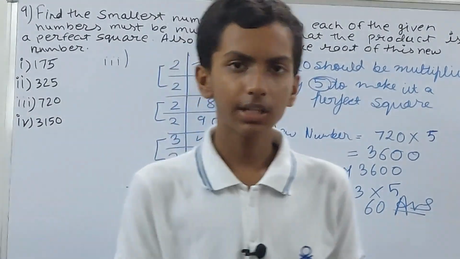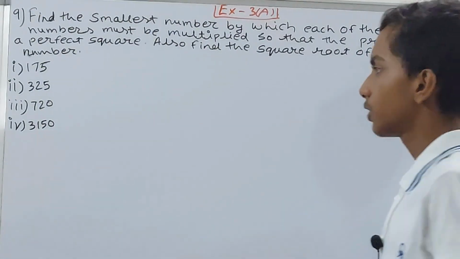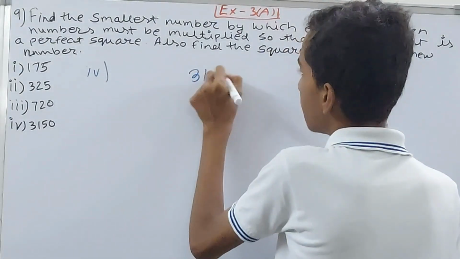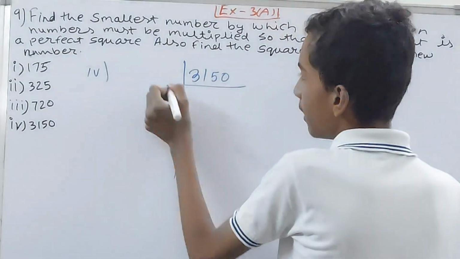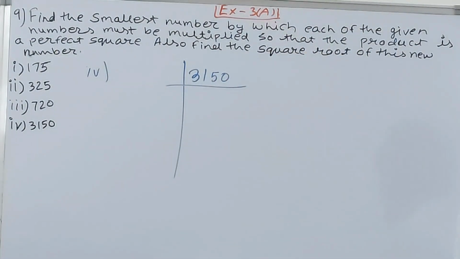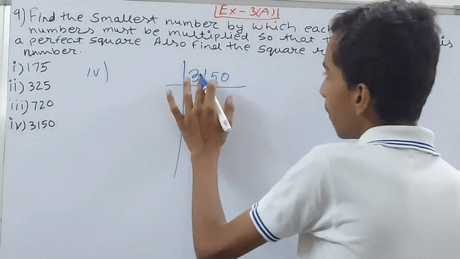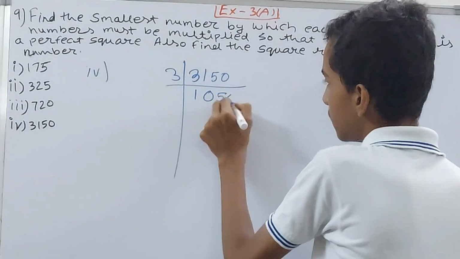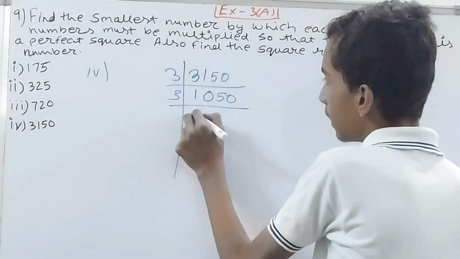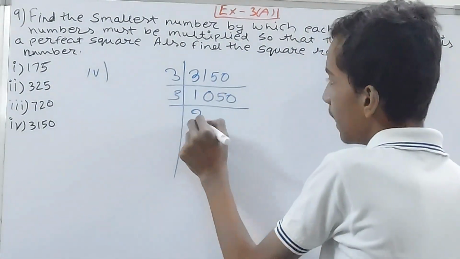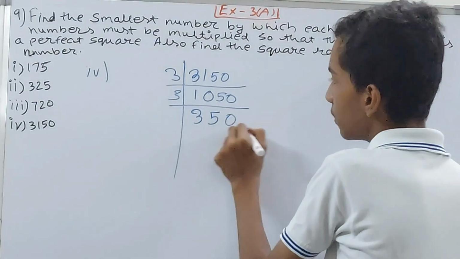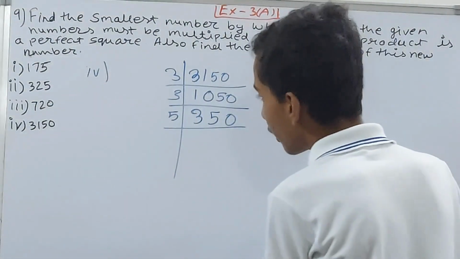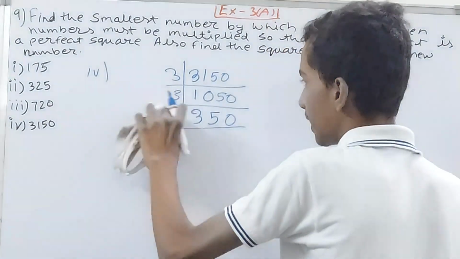Now let's move on to the next part. Then the next part is what? 3150. It will become again prime factorization, so 5 over 9, so this will go by 3, 1050. Now again by 3, so 3 and 5 0, 350. Now again no, this will not go by 3, so let's take it out by 2 rather than taking 5.